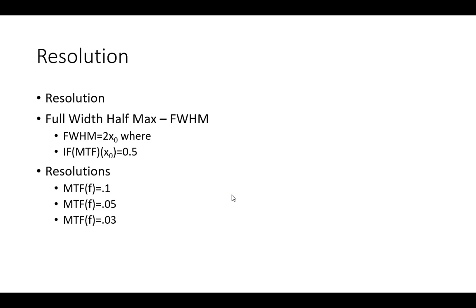So there can be a lot of challenges with full width half max. Whereas if you aim it such that the part down here hits 0 or is close to 0, and that's what those are trying to get at, you'll get an idea much closer to the actual distance to separate them out. So you literally just take the MTF, find the frequency that it's equal to one of those values, and then 1 over that. And that'll give you your resolution size. So it's a very straightforward calculation.